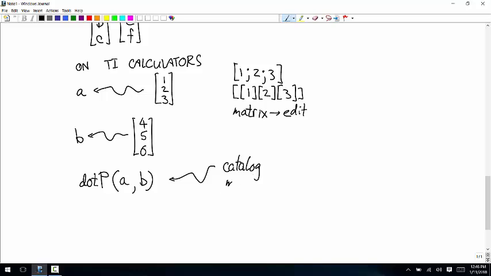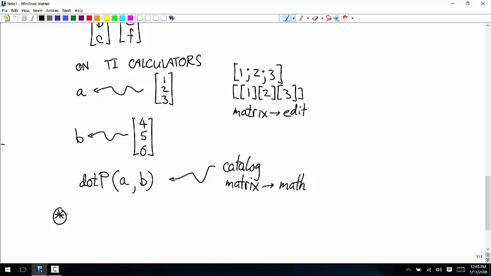In some you can find it under matrix and then math. So see if you can figure out how to enter this in your calculator, and if you can't, let's talk about it after class or office hours or something. You really want to figure out how to do this in your calculator because it'll save you 1,000,000 hours of dumb, pointless math. Okay.